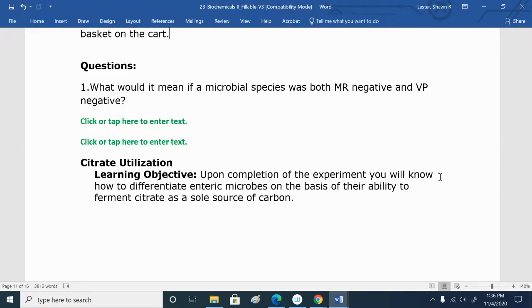So if the organism could not use glucose, what would that suggest about the organism? So two pathways using glucose. One produces organic acids and the other neutral end products like acetylmethylcarbinol. So if an organism cannot do either, what would that suggest about the organism?